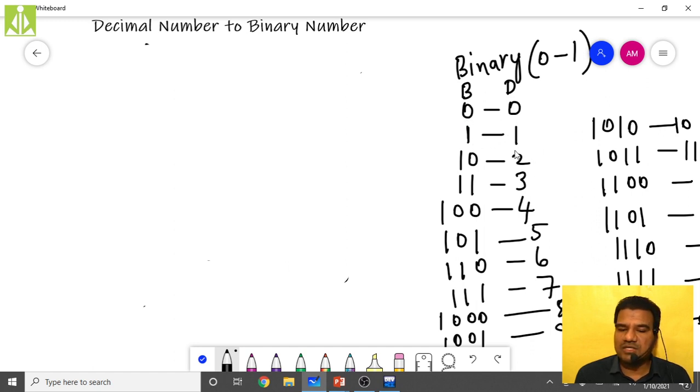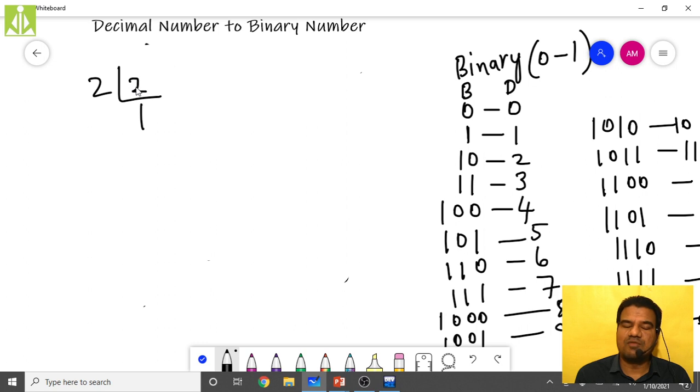How can we convert 2 into binary 1 0? How does 2 represent binary 1 0? That we have to understand. Simply take the division of 2 with 2 only, and every time you have to write the remainder you are getting whenever you do the division. So 2 once 2, isn't it?